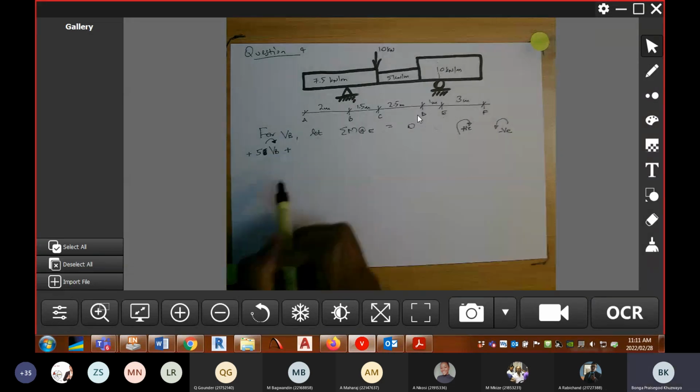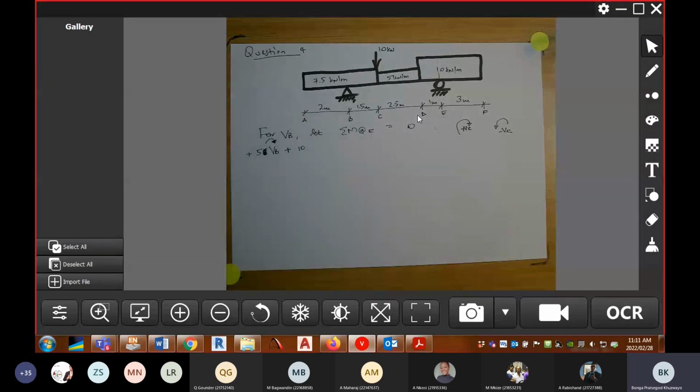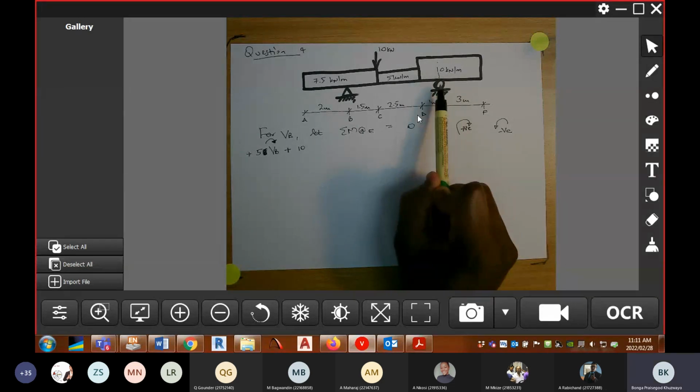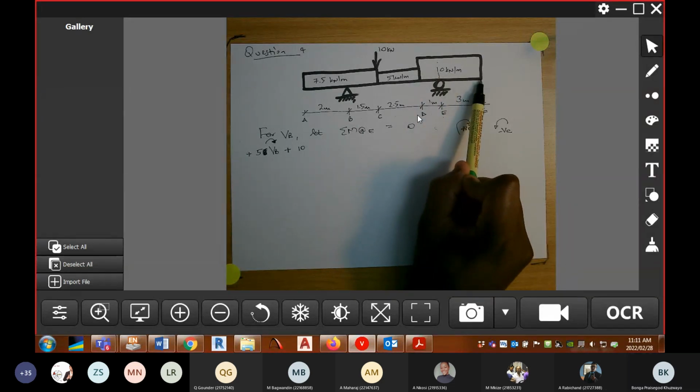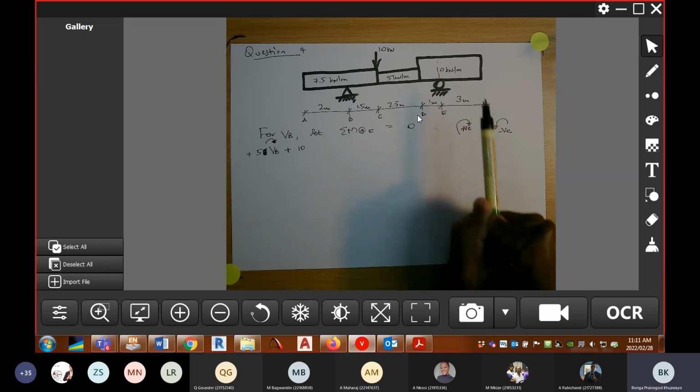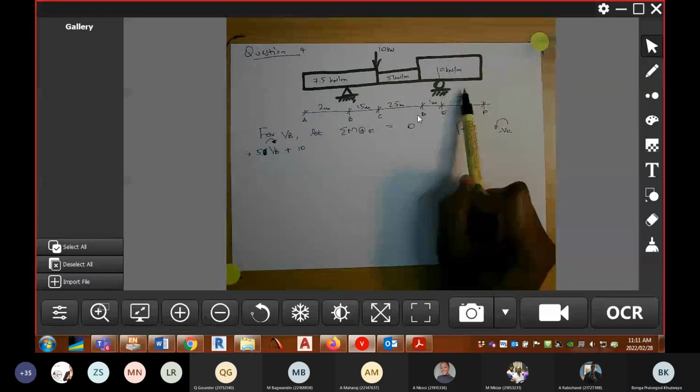The UDL is 10 kilonewton per meter. It is a uniformly distributed load, so we need to change it to a force.